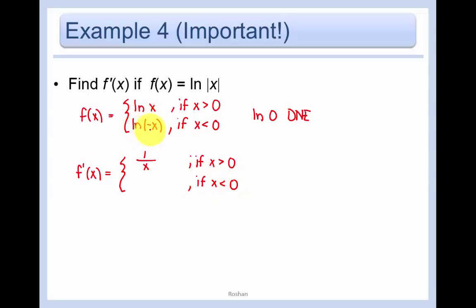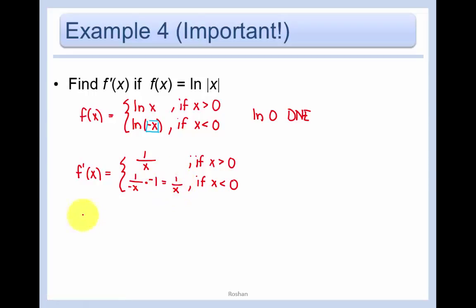Well, the ln of negative x, don't forget this is a chain rule and this is our baby right there. So the derivative of ln negative x is 1 over negative x times, what's the derivative of negative x? That's negative 1. So that also equals 1 over x.